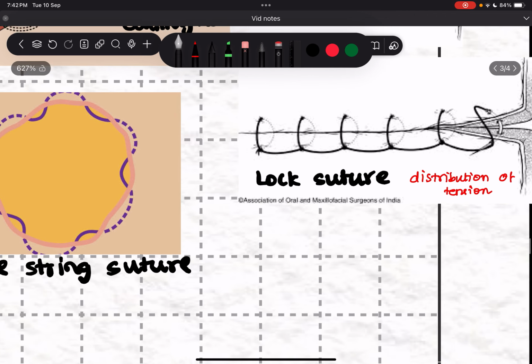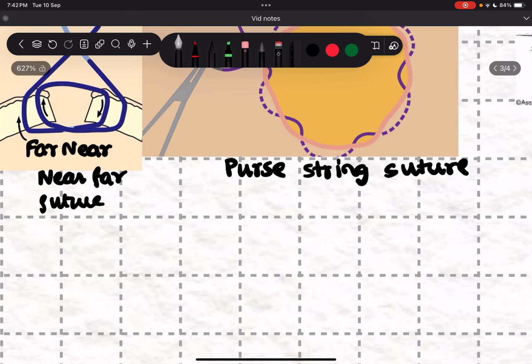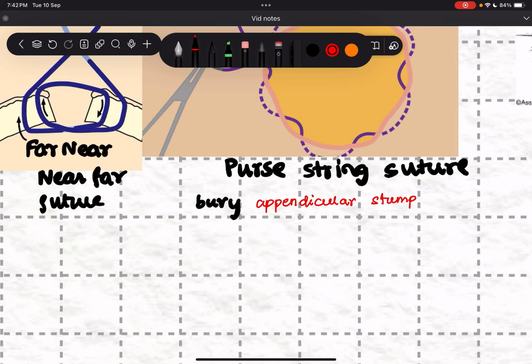And now the purse string suture, it is used to bury the appendicular stump, and there is cervical encirclage.